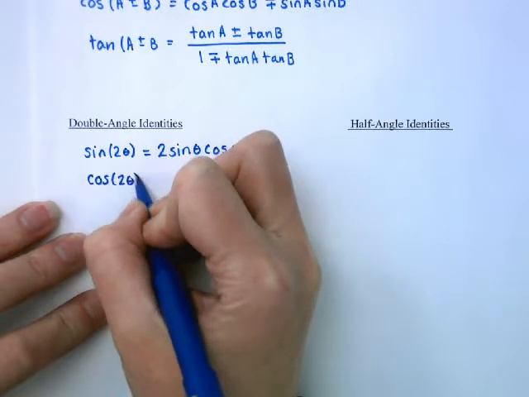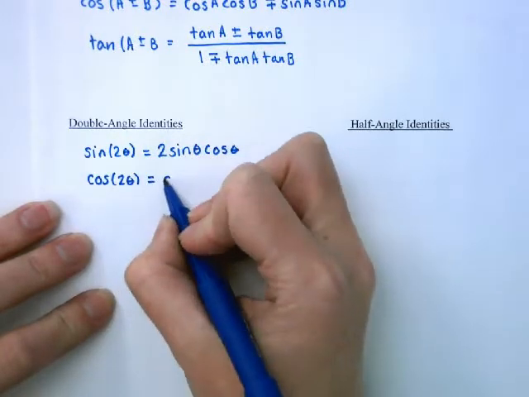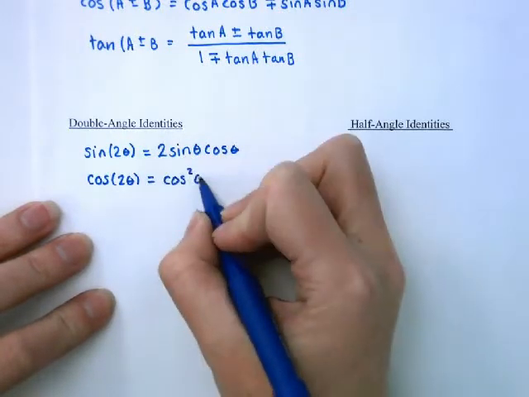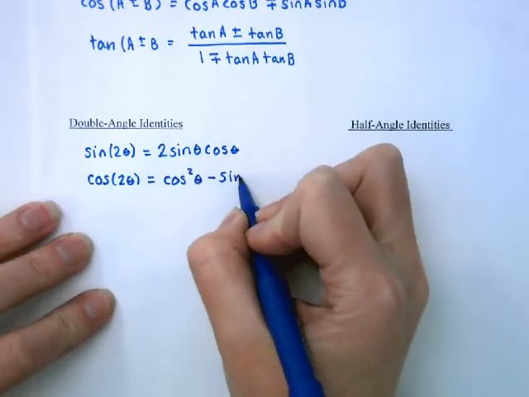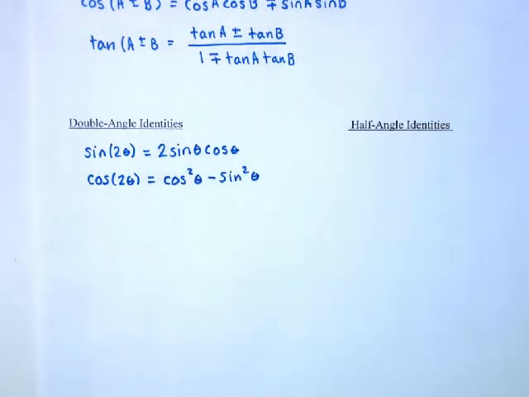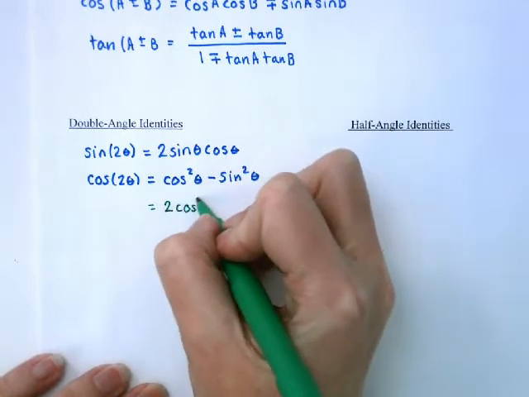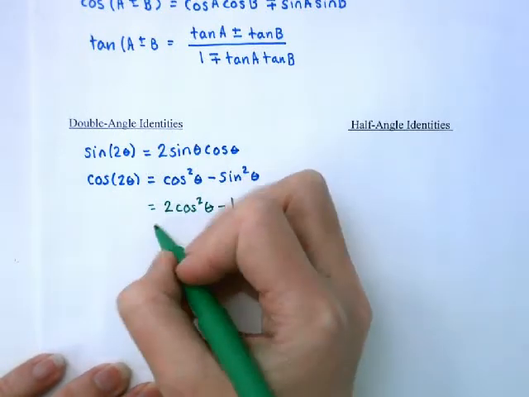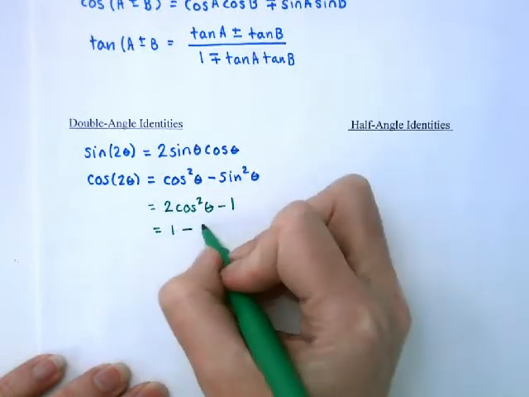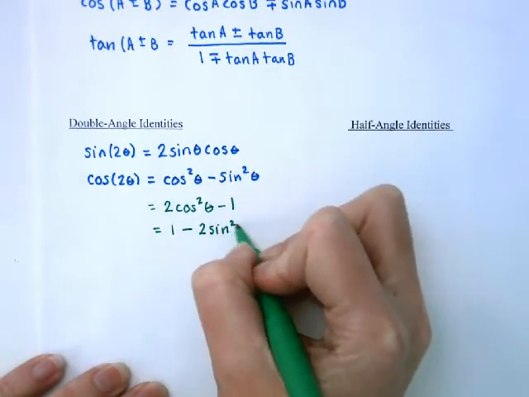Cosine 2 theta is cosine squared theta minus sine squared theta. And then I'm going to put the two variations. It's 2 cosine squared theta minus 1, or 1 minus 2 sine squared theta.